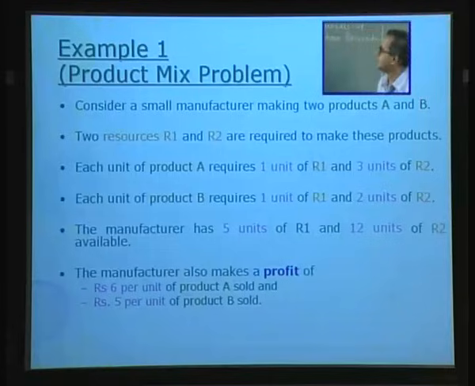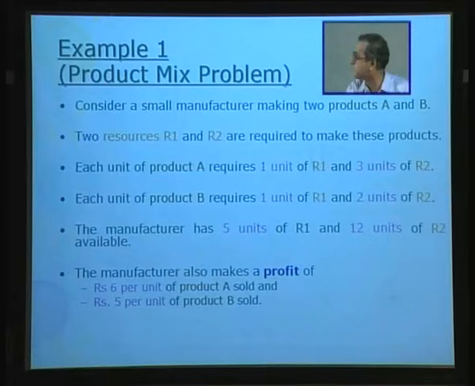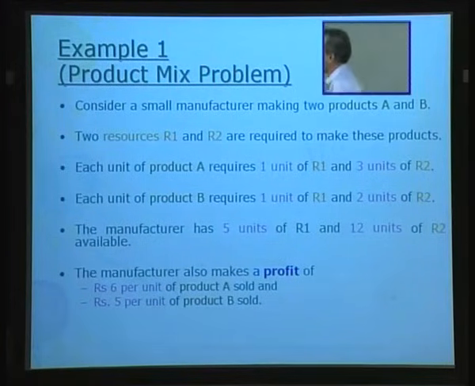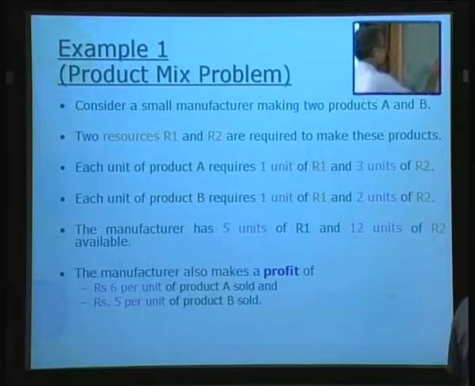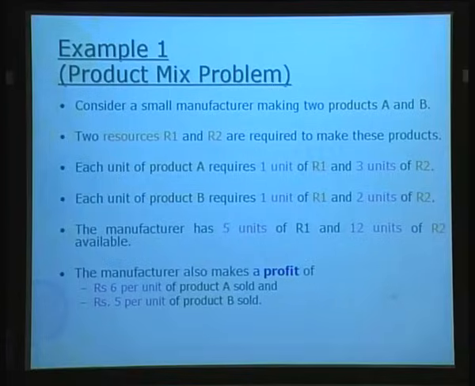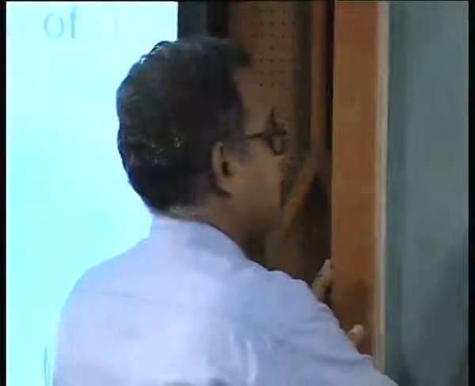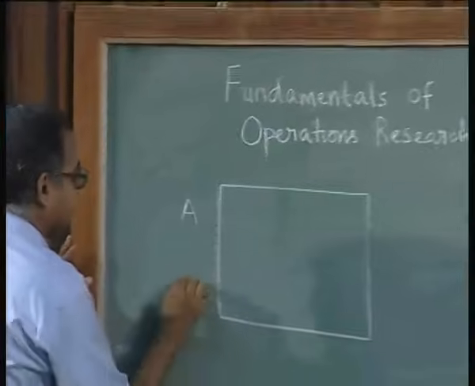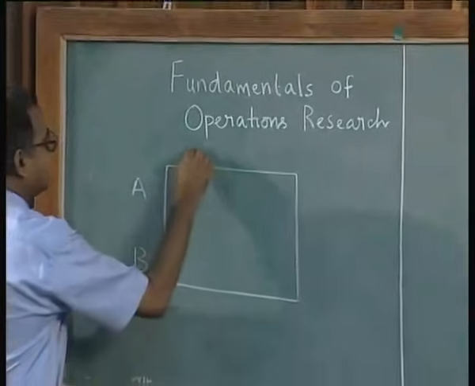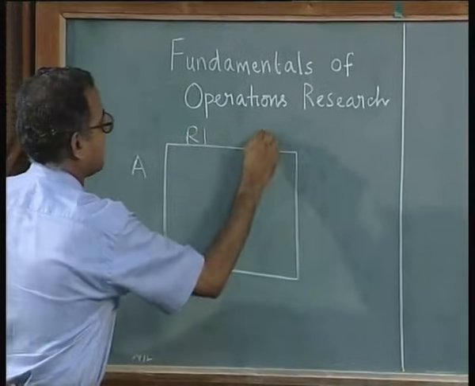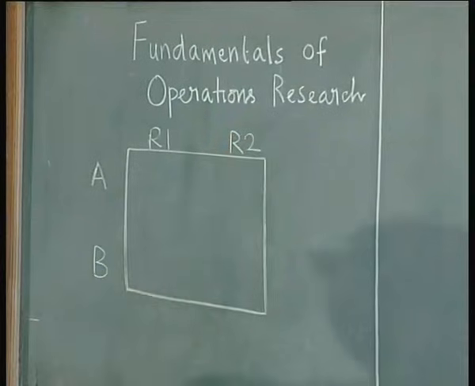So, let us consider a small manufacturer making two products called A and B. Two resources are required, which we call R1 and R2, to make these products. Now, each unit of product A requires 1 unit of R1 and 3 units of R2. For example, we have these two products A and B. The two resources needed are R1 and R2.